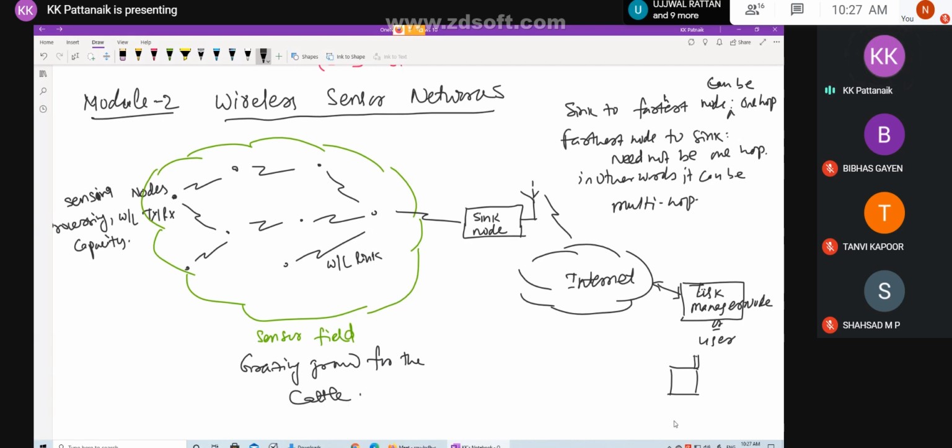On the other side, it can be the farmer who is monitoring whether his cattle are within the grazing ground or not. It's remote monitoring. So let's suppose each cattle is equipped with a sensor node.